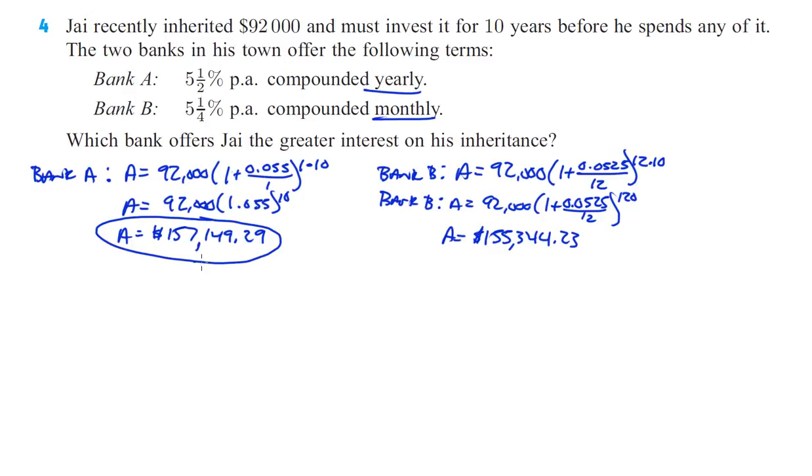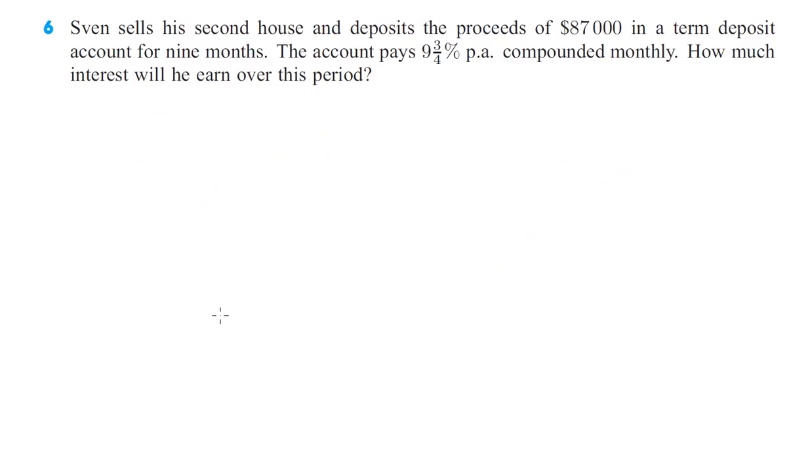All right. Okay. Last problem then. Sven sells his second house and deposits the proceeds of $87,000 in a term deposit account for 9 months. The account pays 9 3/4 per annum compounded monthly. How much interest will he earn over this period?